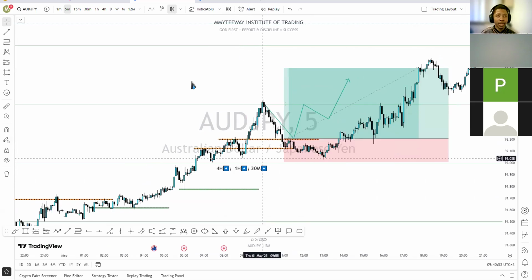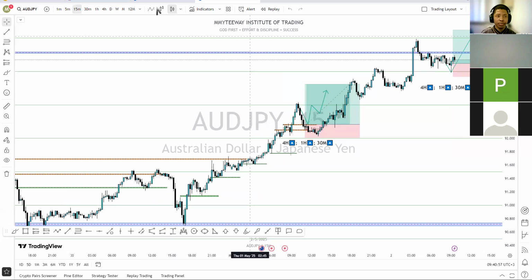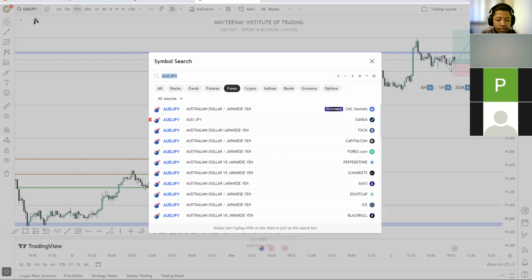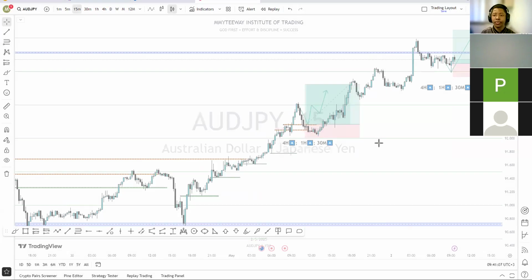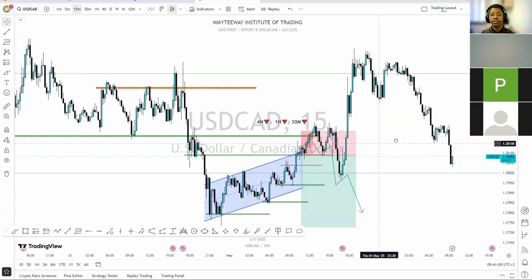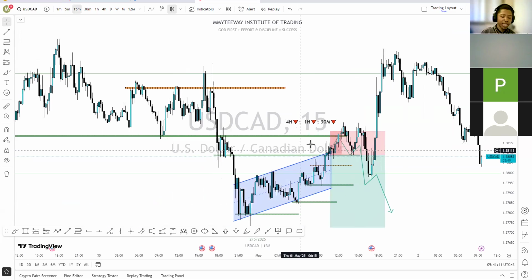Right now, we are going to go to USD JPY. Yesterday we entered USD CAD, not USD JPY. We are going to USD CAD. Now, as you can see, let me just go on Chrome so that you guys can see, because I have not yet covered chart patterns in our series, if I'm correct.